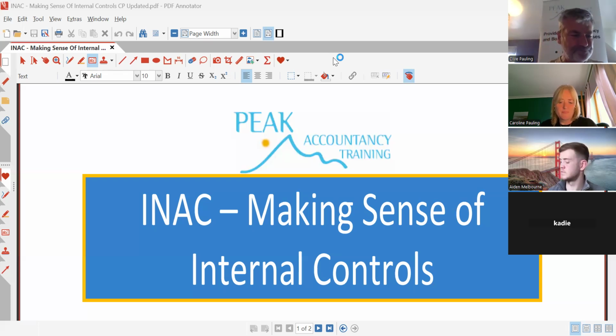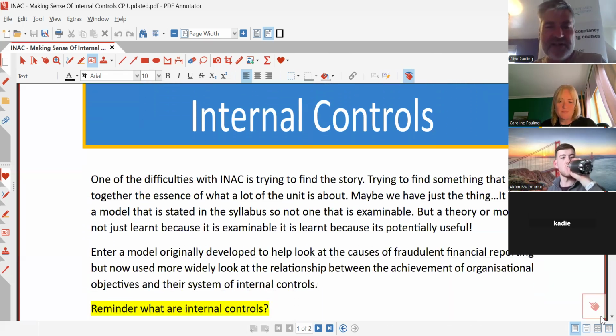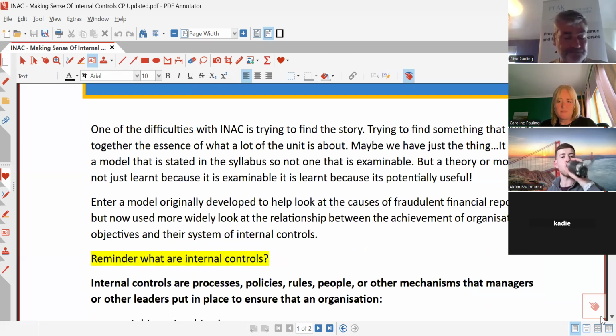So what I've got here is a model that's not in the AAT syllabus. Basically, you're not going to be examined on it, but you don't just learn theories and models because you're told to by an examining body. They're there for a reason. They're there to be used. They're there to help.